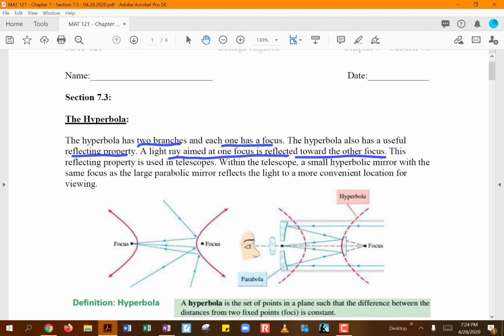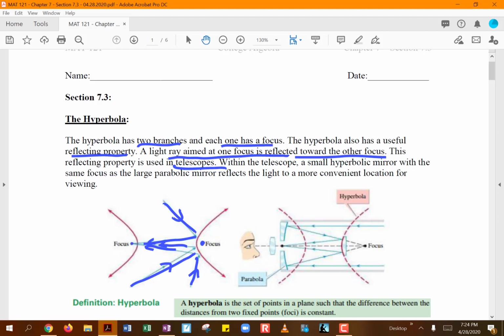Think about these arrows coming in as a light ray, and we're trying to send it towards this focus on the right. Like I said, it's going to bounce off this hyperbolic surface and start aiming towards the other focus over here. We use this reflective property in telescopes.